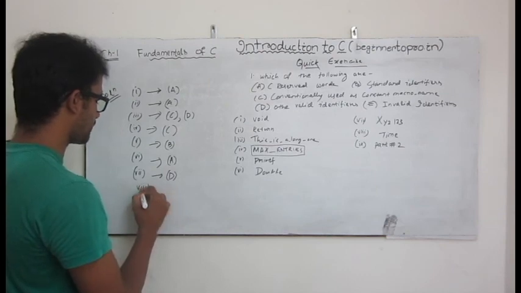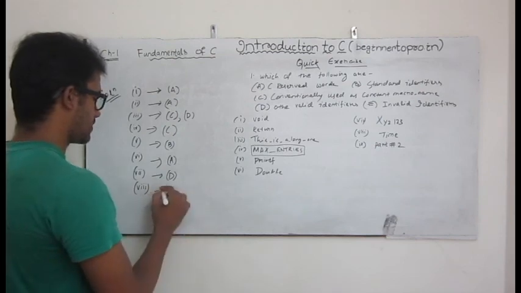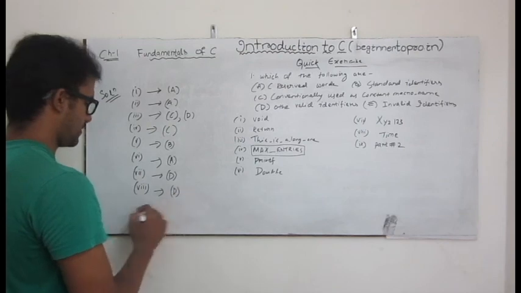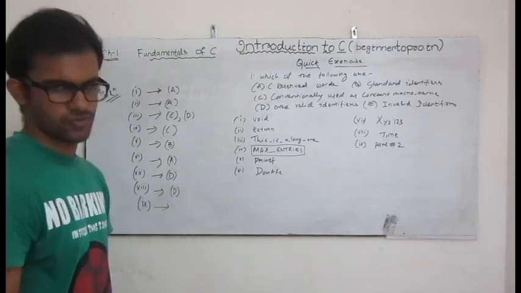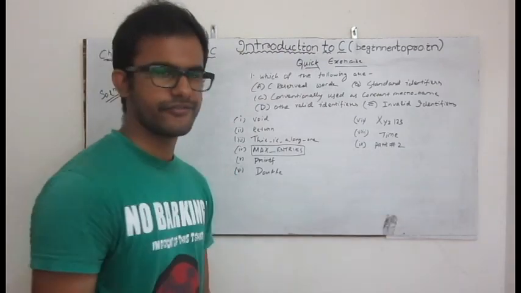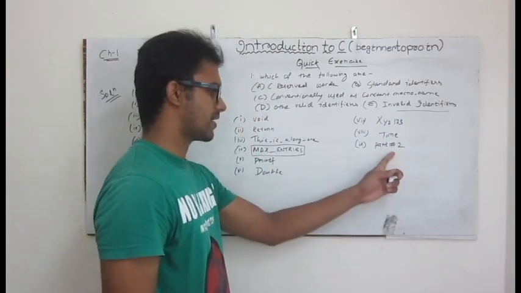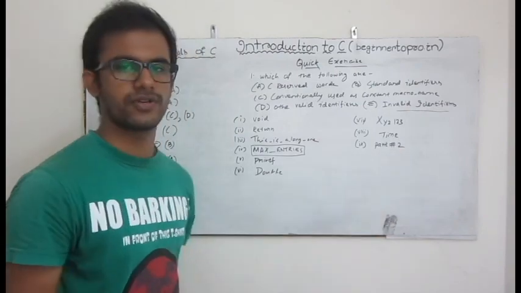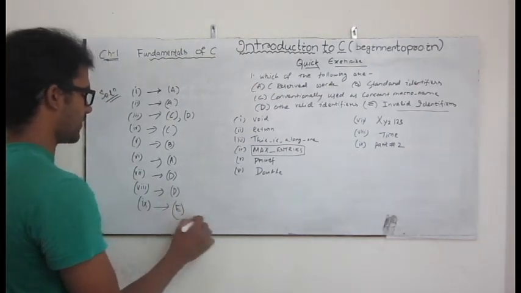Eighth, time, is other valid identifiers. Then comes the last one, it is obviously an invalid identifier because it consists of a special character, as only underscore is allowed. Blindly select that option, invalid identifier.